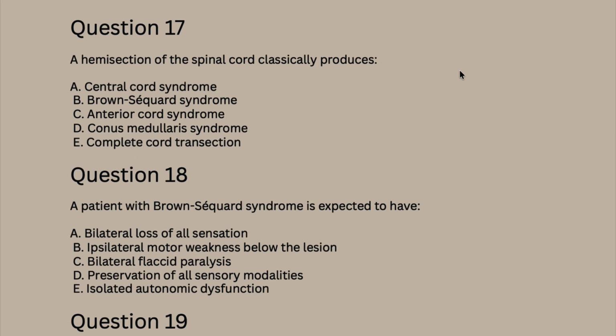So which deficit is expected from that? The deficit that's expected will be ipsilateral motor weakness below the lesion. And why is that? It's because ipsilateral is motor loss and proprioception loss, and contralateral will be pain and temperature loss, and this is one of the most commonly tested spinal cord syndromes.